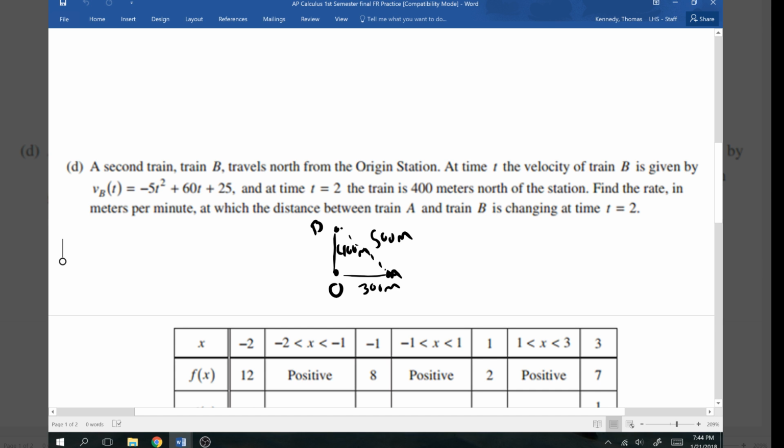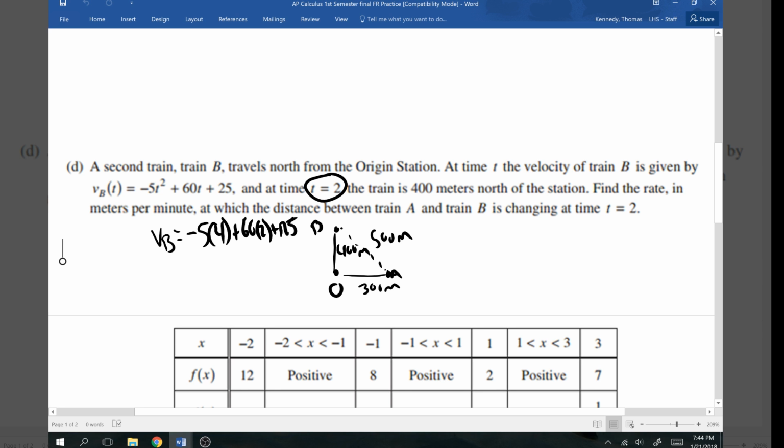Anyways, it also gives us the equation for the velocity of that. So unlike the other one where we just have a table, here we have an equation. So it says at t equals 2, so we plug 2 into our velocity equation, and we get VB equals negative 5 times 4 plus 60 times 2 plus 125.